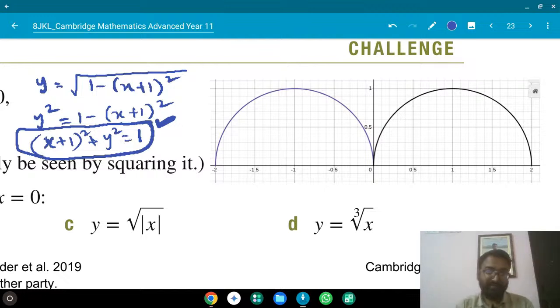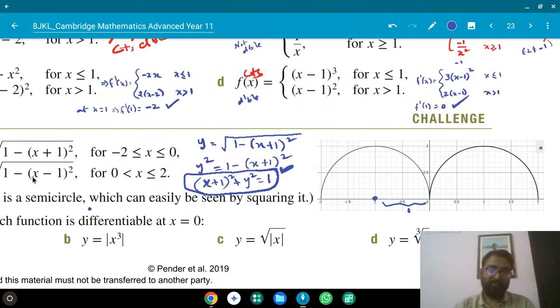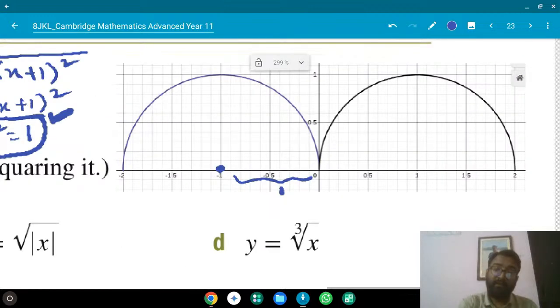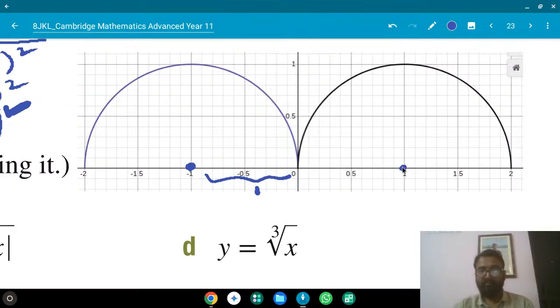So it is minus 1 comma 0. This is the center of the circle, and the radius is 1. So this length is 1. Okay, and for the right part of the function, it becomes x minus 1, which means the center is 1 comma 0, and the radius is 1. So this is the function. Clear?